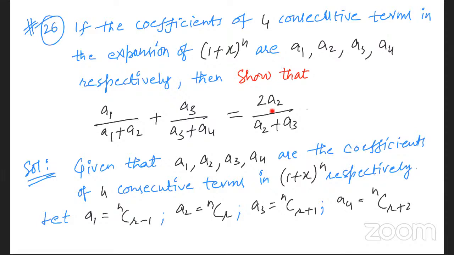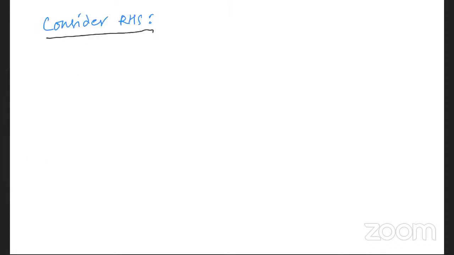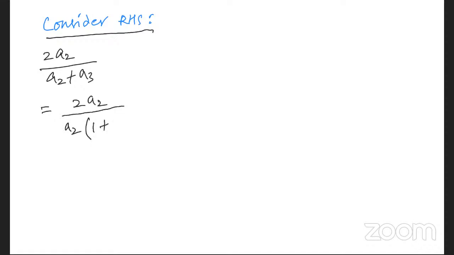We shall consider this and try to simplify. 2a2 as it is in the numerator divided by, take a2 common, which will be 1 + a3/a2. So a2 and a2 will get cancelled.